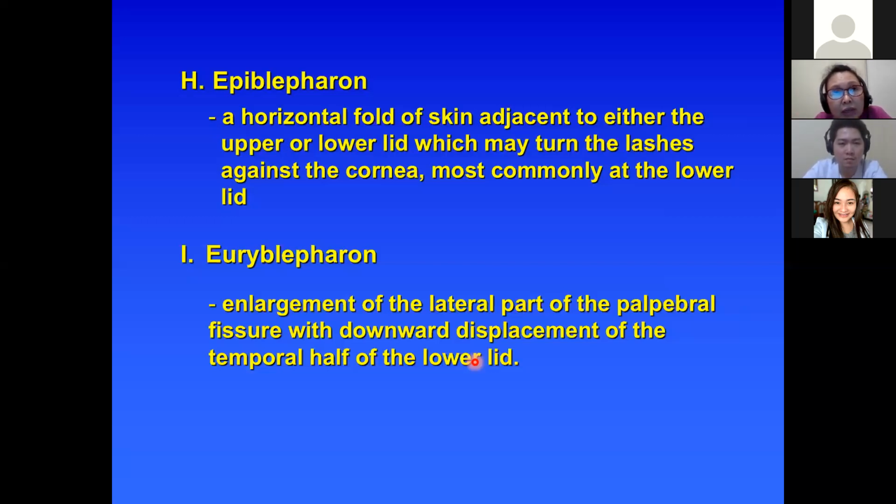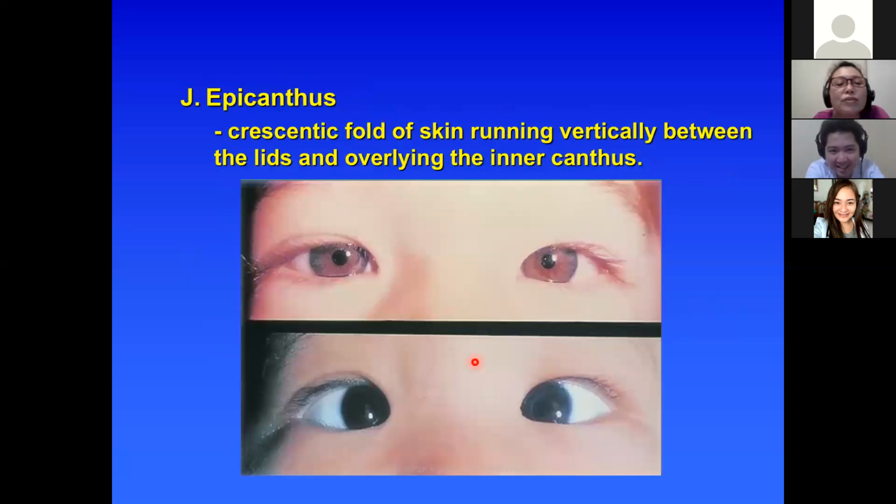A child is still about 25, 24, kasi bata pa yan. But in this one, para silang mga alien na mahaba ito. Parang alien nga, no? Mahaba ang fissure.